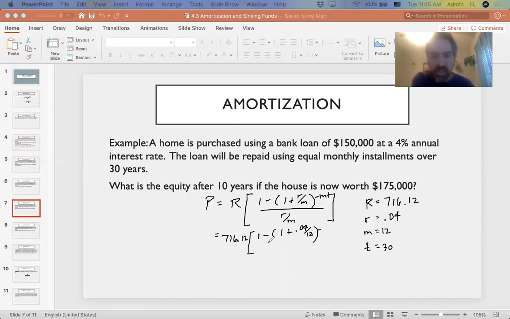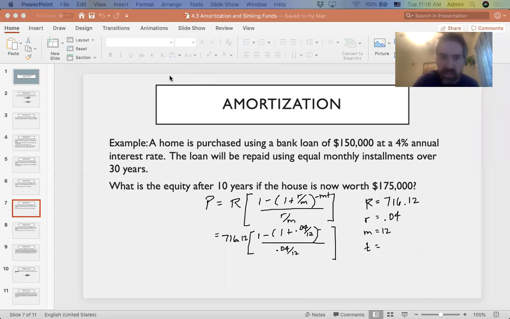Let me hold off on this exponent here. We need to go back and adjust the time, because 10 years have passed. So we no longer have 30 years on the loan. How much time do we have left?